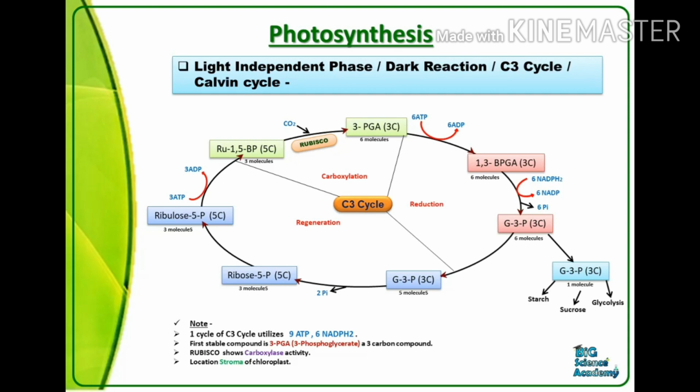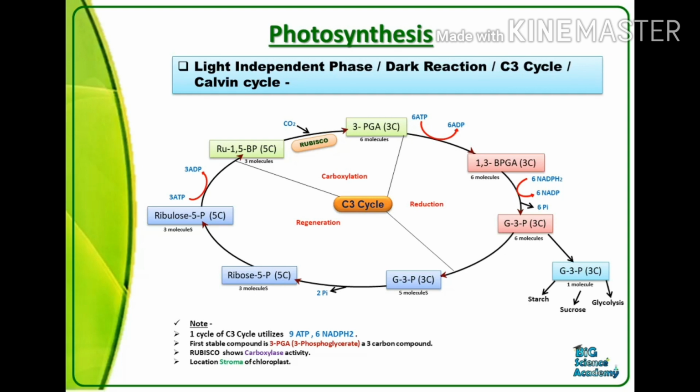The 1,3-bisphosphoglyceric acid molecule is then converted into 6 molecules of glyceraldehyde 3-phosphate, which is also a 3 carbon containing carbohydrate. This G3P is formed by the utilization of 6 molecules of NADPH2 and the excretion of 6 inorganic phosphate.